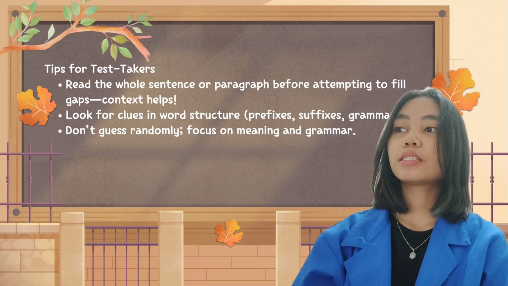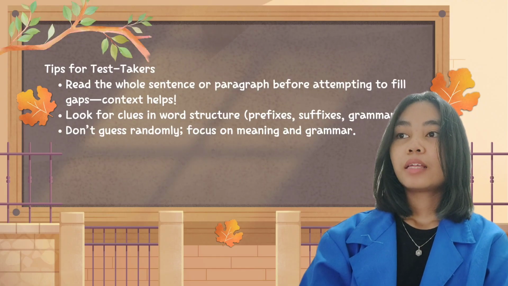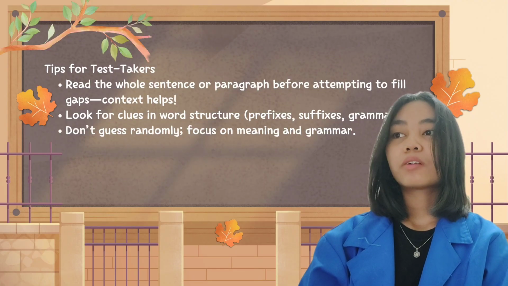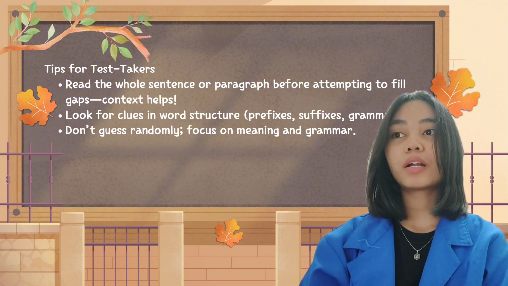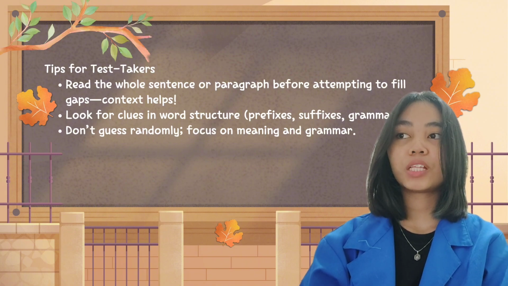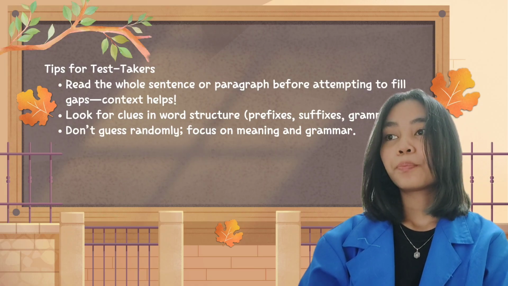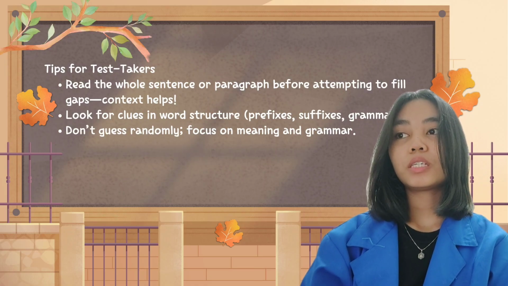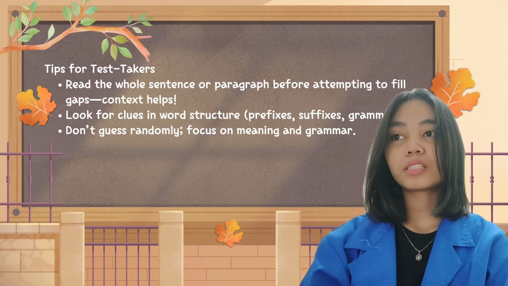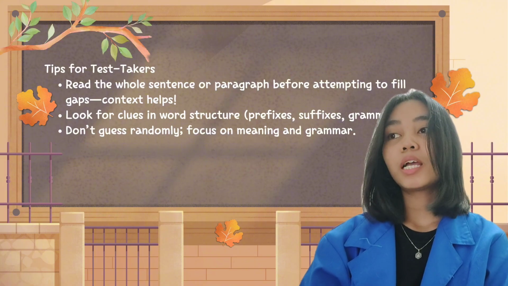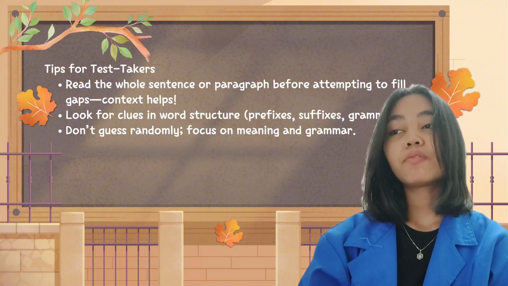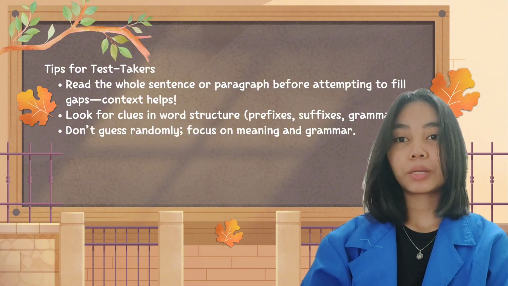Then there are tips for test takers. Read the whole sentence or paragraph before attempting to fill gaps, because context helps. Look for clues in word structure, prefixes, suffixes, and grammar. Don't guess randomly; focus on meaning and grammar.